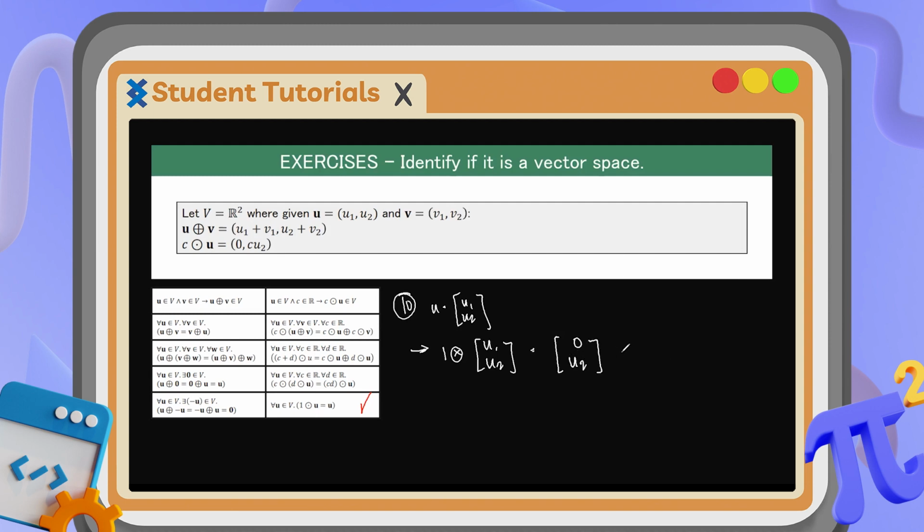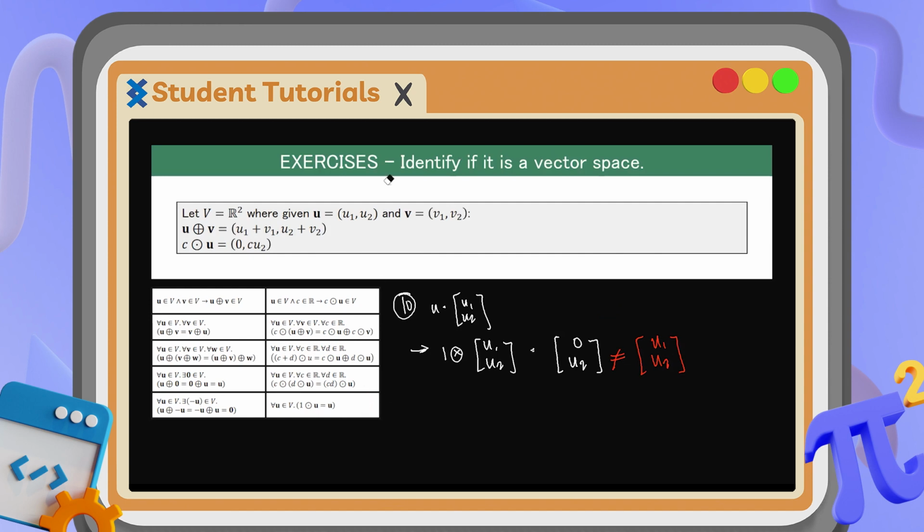Notice that it is actually not equal to our expected answer, which is (u sub 1, u sub 2). Because, as you can see here, 0 is not equal to u sub 1 all the time. u sub 1 can be 0, but it can also be any other number. Therefore, it does not satisfy this property.